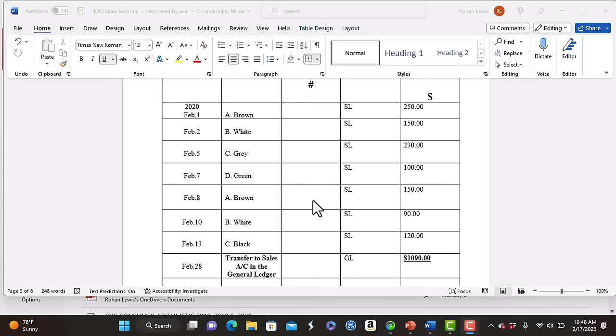February 8, A. Brown, sales ledger 150. February 10, B. White, sales ledger 90. And February 13, C. Black, sales ledger 120. Making a total of $1,090 transferred at the end of the month, February 28th, to the sales account in the general ledger, and the folio would be GL standing for general ledger, making a total of $1,090.